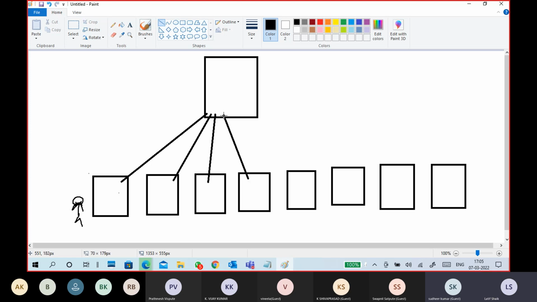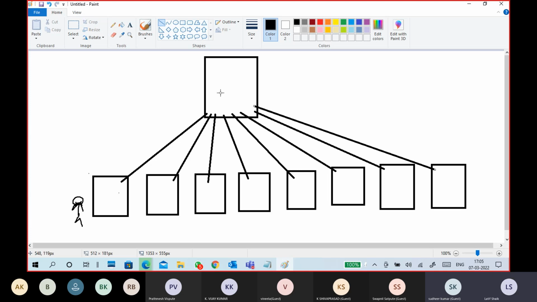So all the devices will send and receive information from the centralized monitor. These PCs can be normal computers, right?